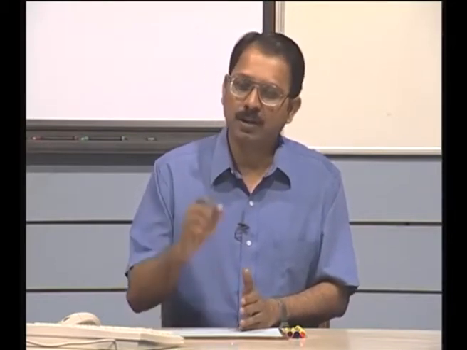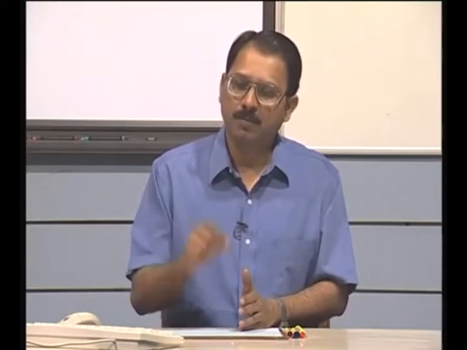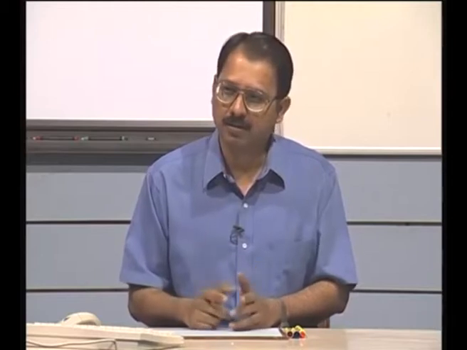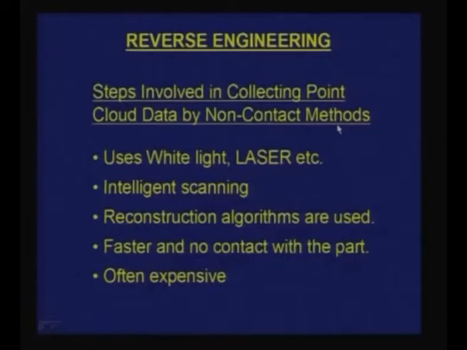And also whenever you have discontinuities, probably the probe cannot reach those discontinuities, so you may have certain data which may be lost also. Here one thing is you can get a large amount of data, that is the first thing, and one can also do an intelligent scanning.